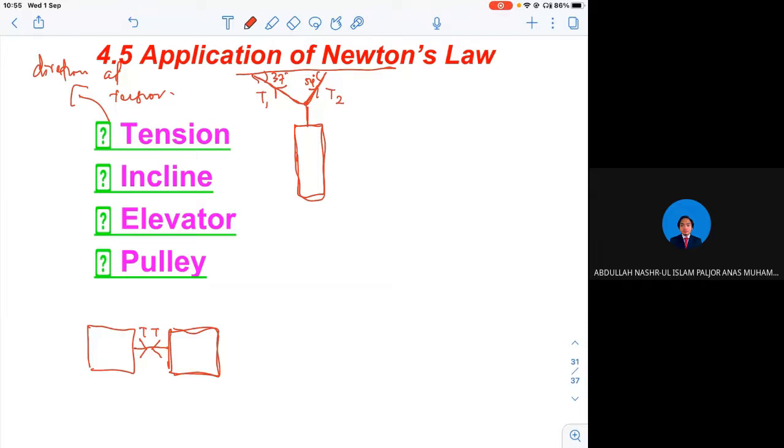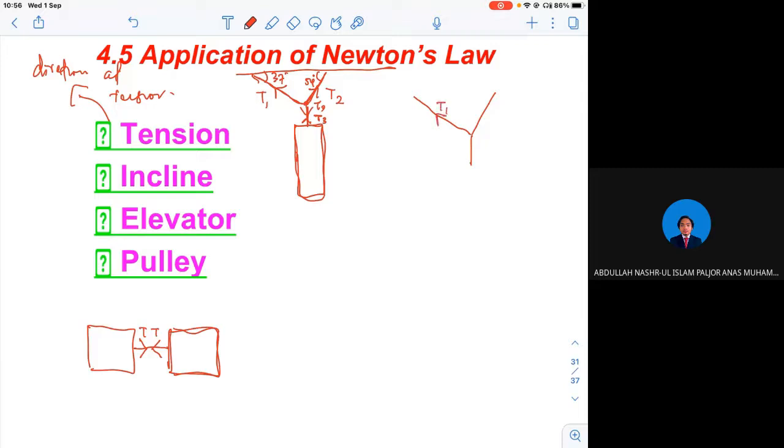In this case, this traffic light is connected to the cable, so you can have a T3, and another T3 going here. So I can redraw it like this.